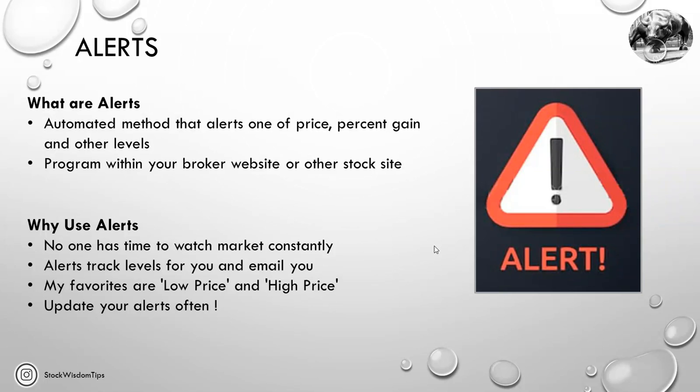Obviously, you want to get in at the lowest price, and you want to be able to sell at the highest price. I'm not suggesting you need to time the market, but those are fundamental things that you have to do. You buy low, sell high. That's how you make a profit. So alerts will allow you to be better at that. It's an automated tool.